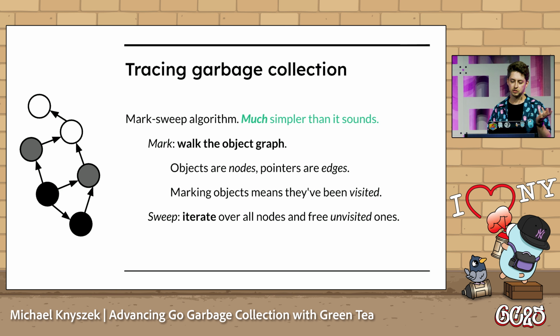Once we're done with that, we reach the second phase, the sweep phase. Whatever nodes were not visited in our graph walk are considered unused, or unreachable, by the program. We call this state unreachable because it's impossible with normal, safe Go code to access that memory, simply through the semantics of the language. So we iterate through all the unvisited nodes and mark that memory as free to the memory allocator.